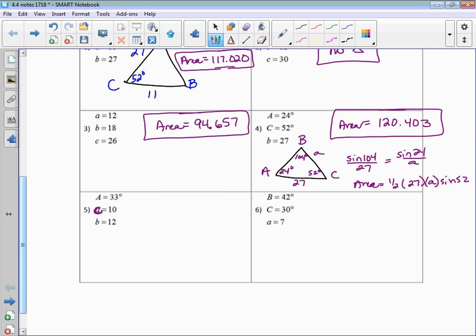Again, change side A to side C. That makes it not be an ASS problem for you. It makes it complicated. I suppose I could have made it a triangle and that would be the area of each triangle.